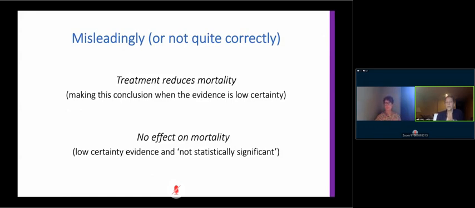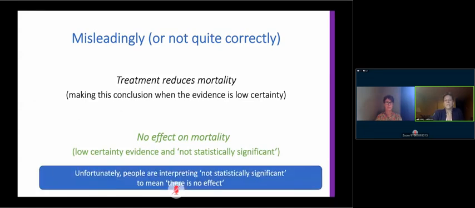I just wanted to focus a few more minutes on this last statement, which is creating a lot of misunderstanding in the public and anyone reading systematic reviews. Unfortunately, we see that when something is not statistically significant, people are incorrectly interpreting this as meaning that there is no effect on mortality. And so this can be quite dangerous as well.